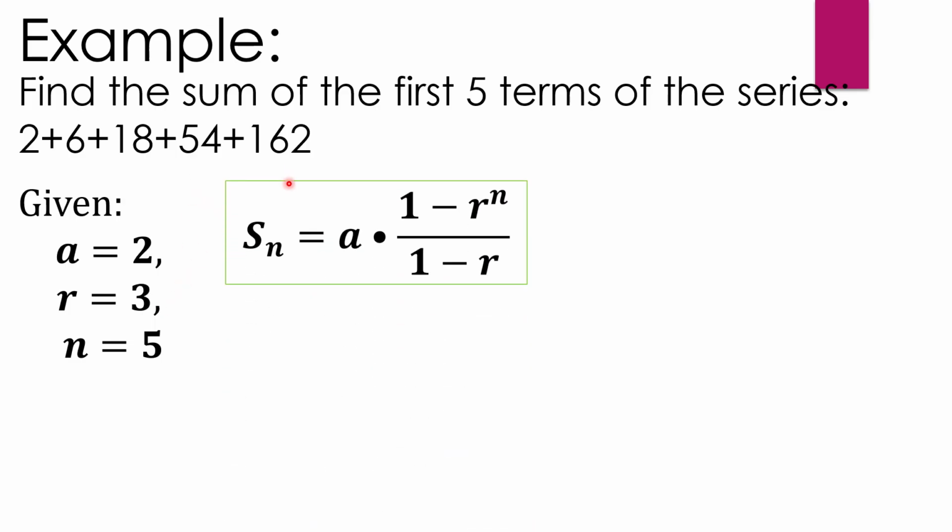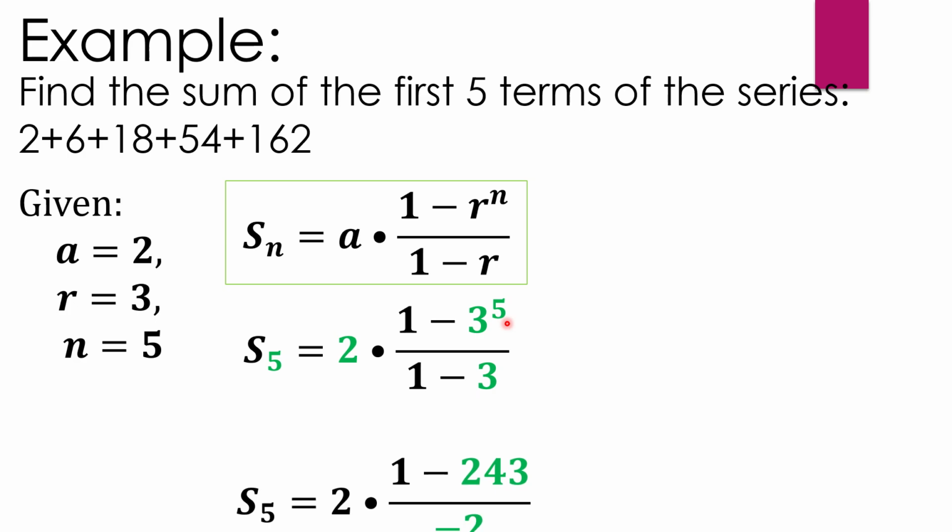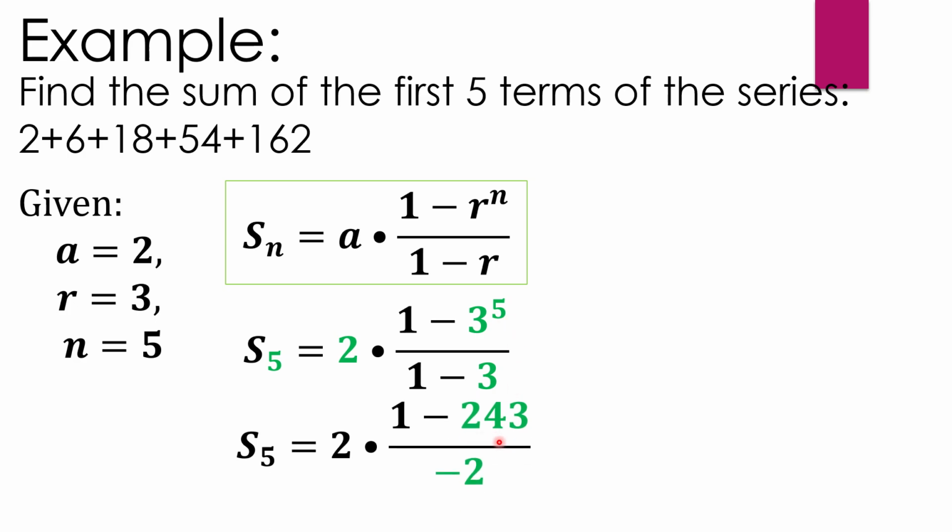Then get your formula and simply substitute the first term, the common ratio, and n here as our exponent. Then simplify. Multiply 3 five times to itself, so 3 times 3 times 3 times 3 times 3, that is 243. Then 1 minus 3 is negative 2.